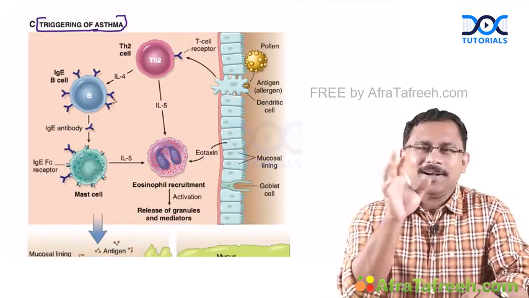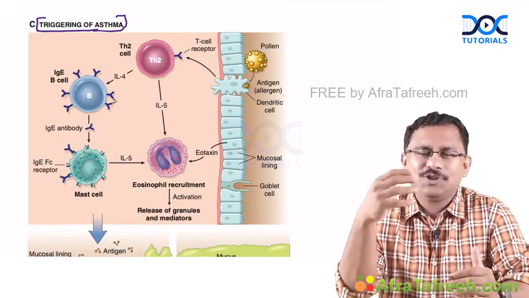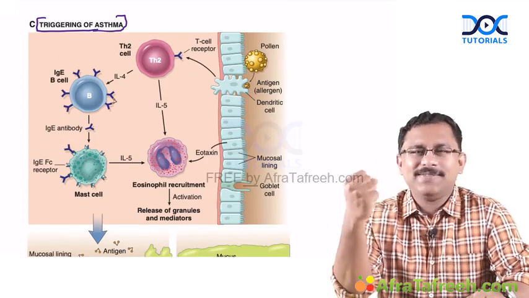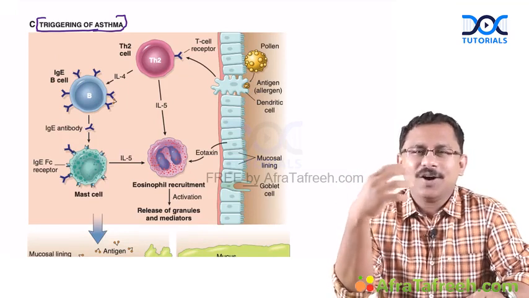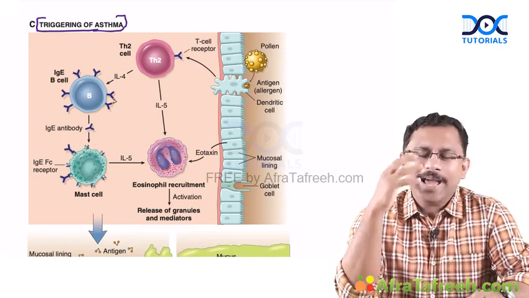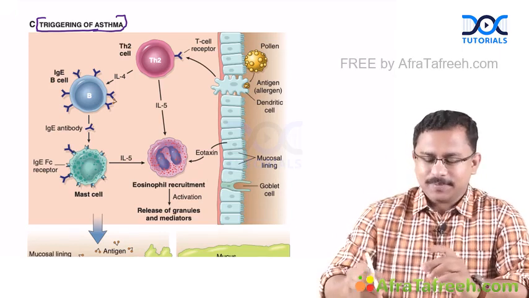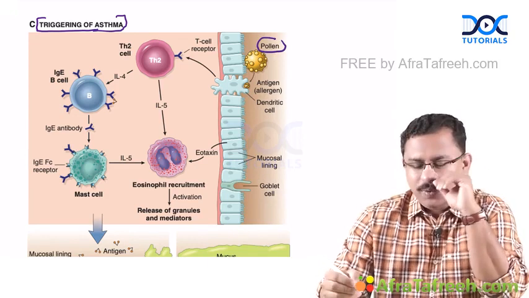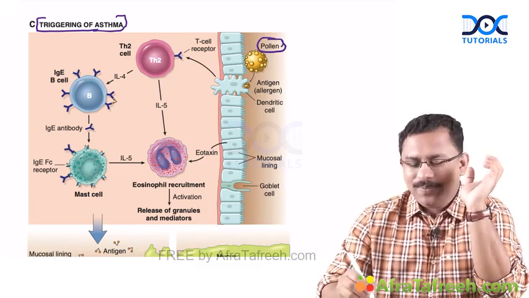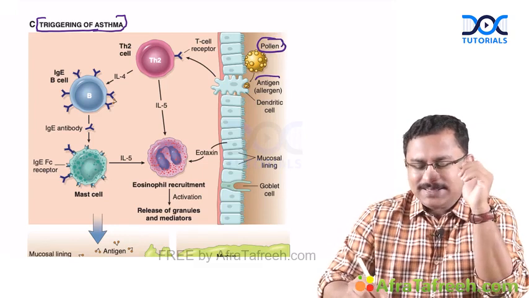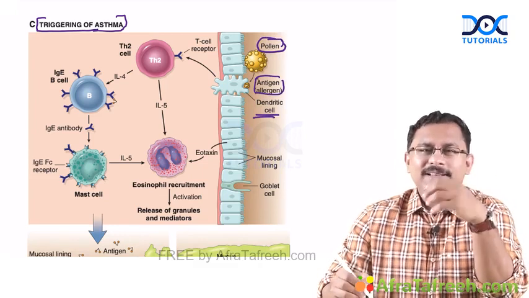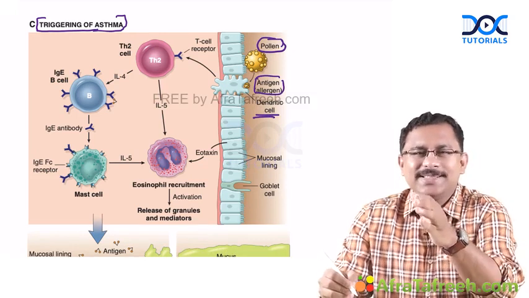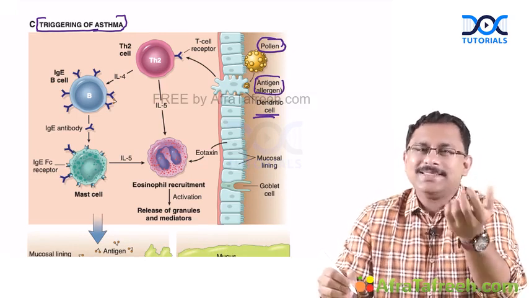Now in asthma, you know that there has to be some immune response for this airway hyperresponsiveness, because there is some sort of inflammation also happening. So when there is an antigen, and I told you a whole list of antigens that can contribute, suppose it is pollen, that extraneous antigen or allergen is first dealt with by the dendritic cells, and subsequently there is antigen presentation to the T cells.